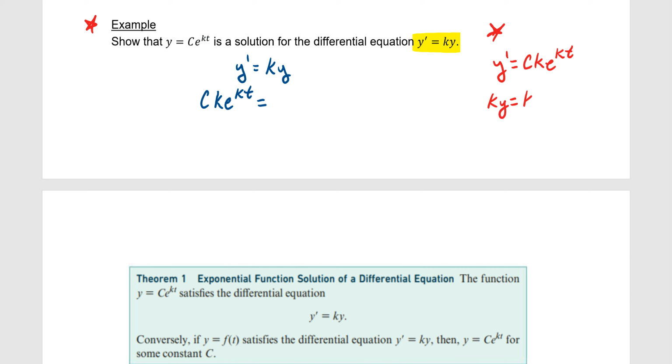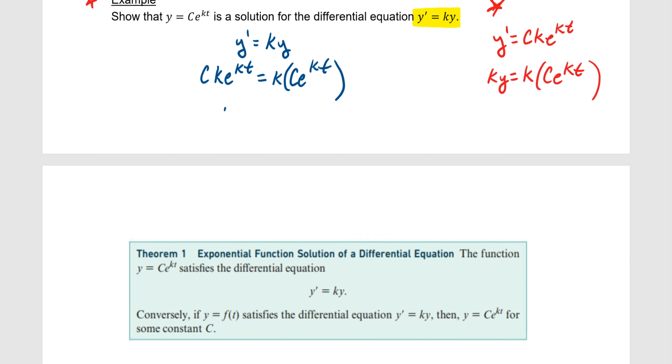Well, k times y is k times, here is y right here, so that's k times c e to the kt. We substitute that in on the right-hand side of the equation. And we can see that these are equal, right? They both equal ck e to the kt. That's all we had to do, was verify that it's a solution, meaning both sides are equal, so it is correct.